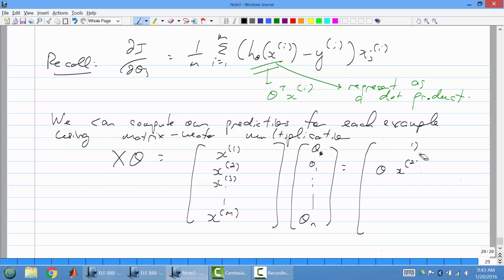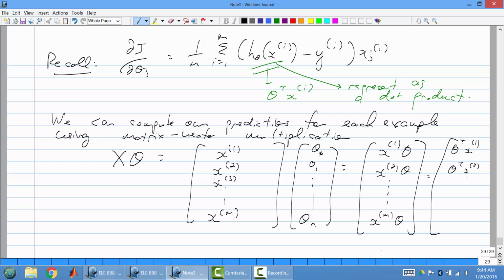Actually, no, sorry. Let me just get this notation right. And so on and so forth. And then the dot product is also commutative, so you can do theta transpose and then x if you wish. Anyway, the point is that you're representing everything as a dot product here.